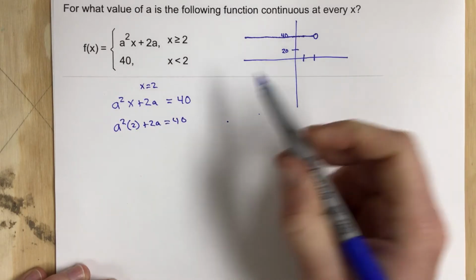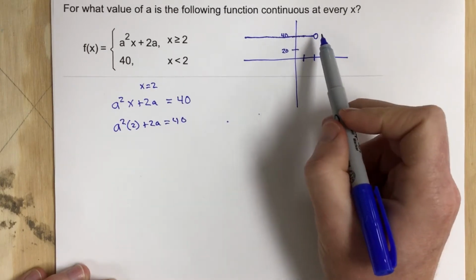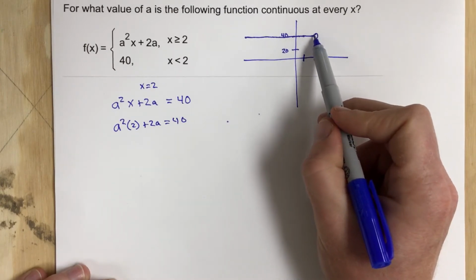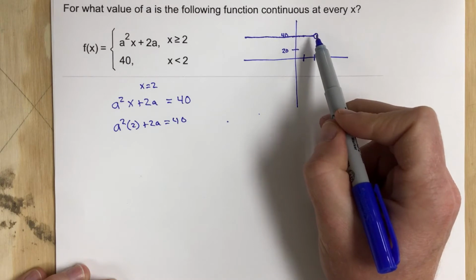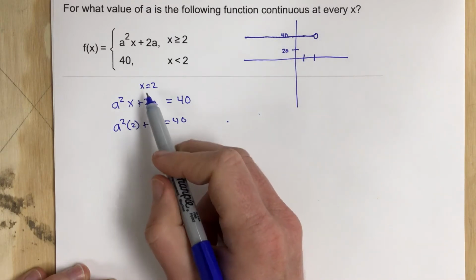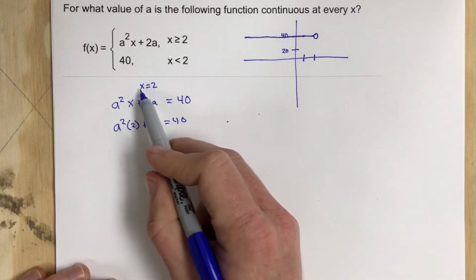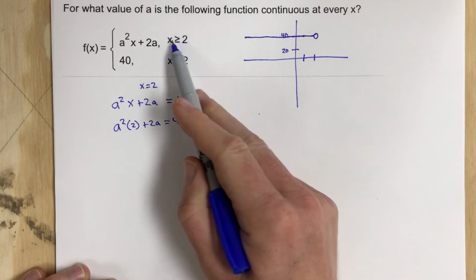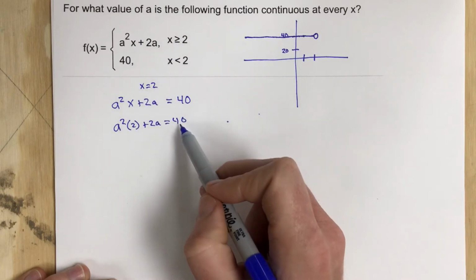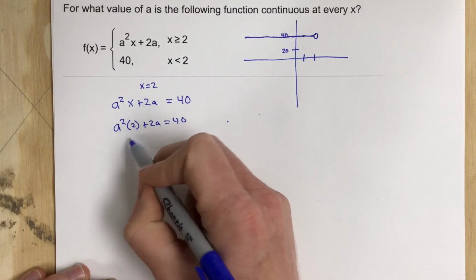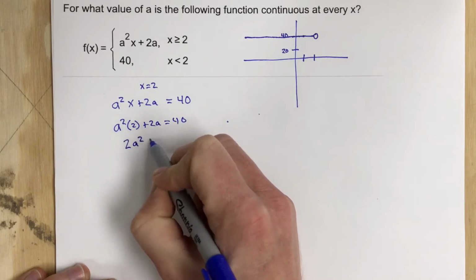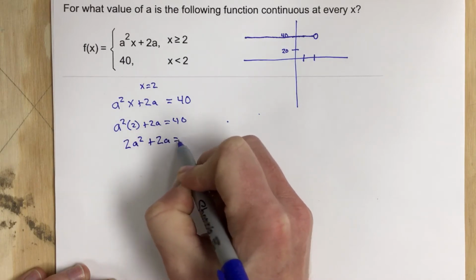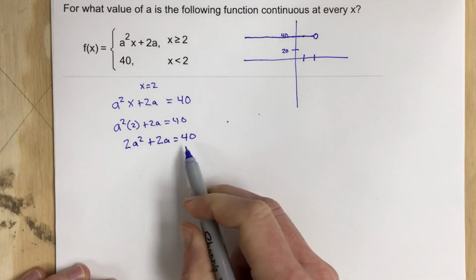So we're saying that we have to have this function start at a value of 40, but we also have to have x equal 2 be the initial start for the function. So we're plugging the 2 and the 40 in. We end up with 2a squared plus 2a equals 40, and you can see we have a quadratic here.